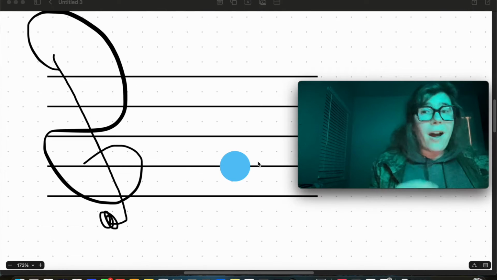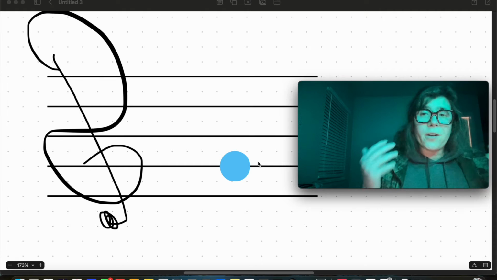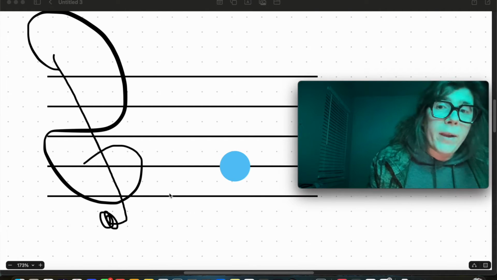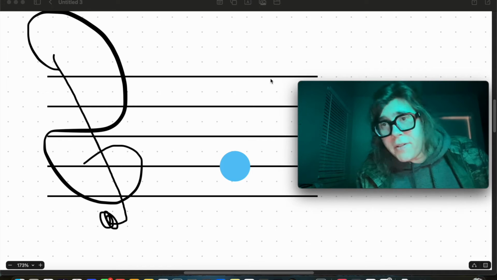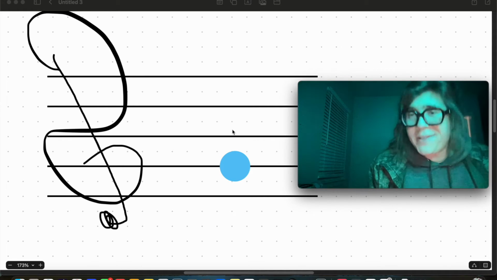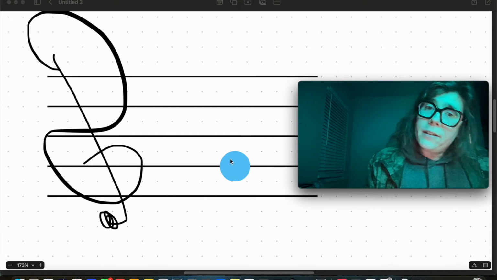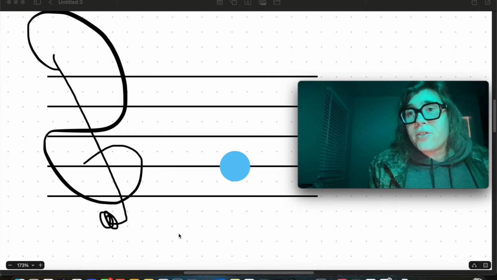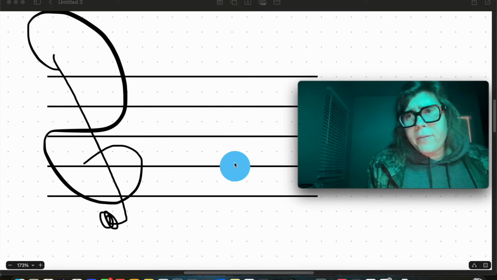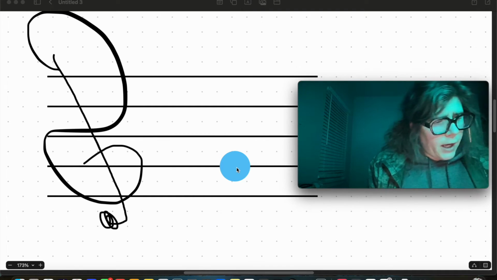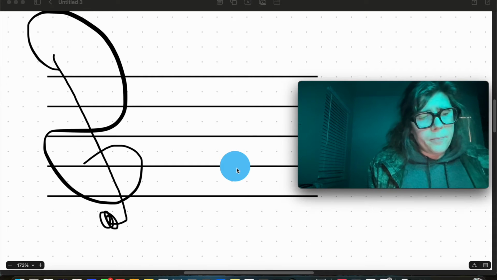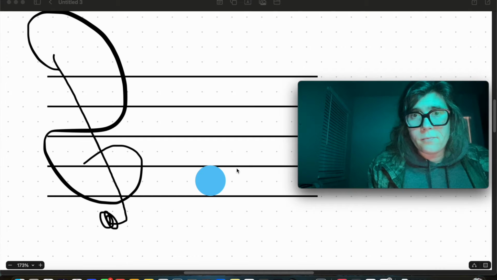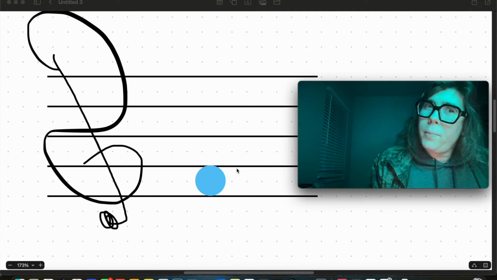Now, that also situates the other notes around it, because on the staff, going up, we're going forward in our musical alphabet. That goes A, B, C, D, E, F, G. And going down, we're going backwards through that same cycle of letters. So if I were to move this G down here, what pitch would that be?